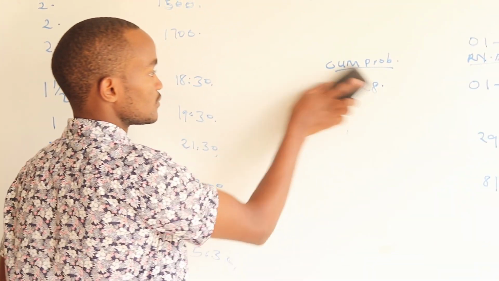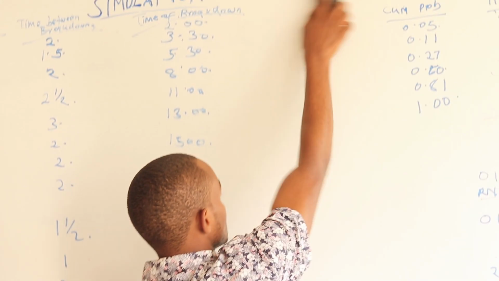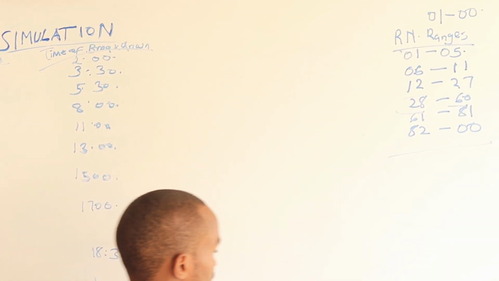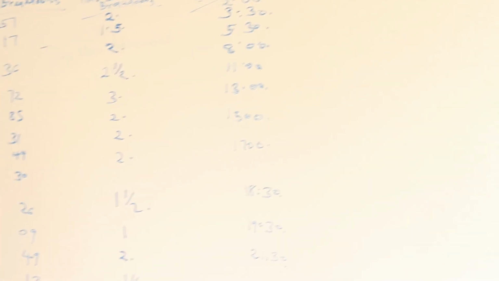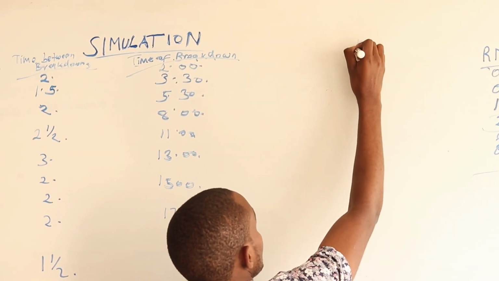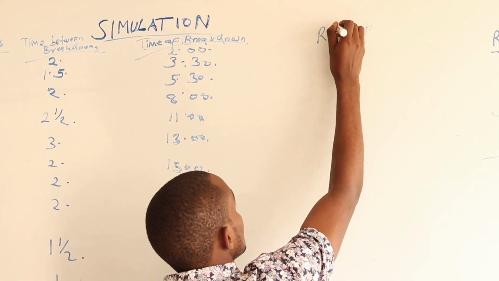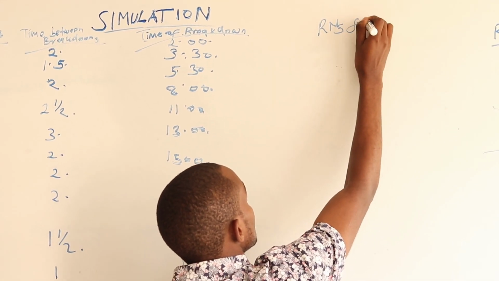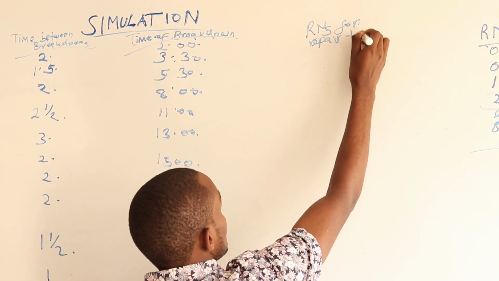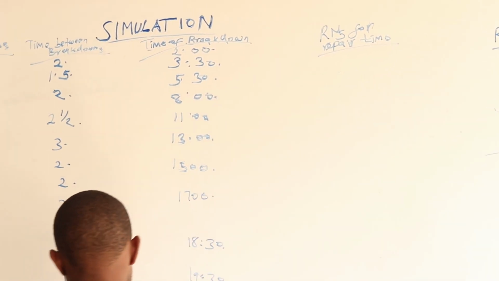So for this, we'll use the second table that we prepared. So we'll have the random numbers for repair time, they are given as per the question.